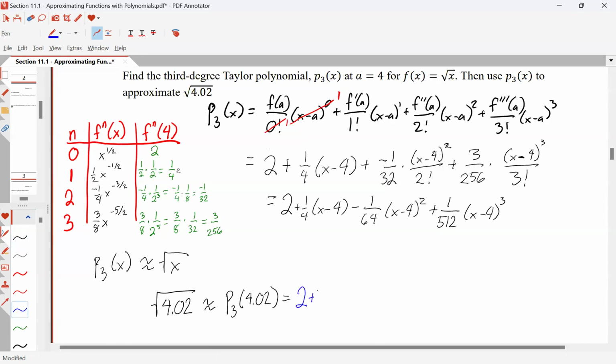So we'll have 2 plus 1/4 (4.02 minus 4), minus 1/64 (4.02 minus 4) squared, plus 1/512 (4.02 minus 4) cubed.